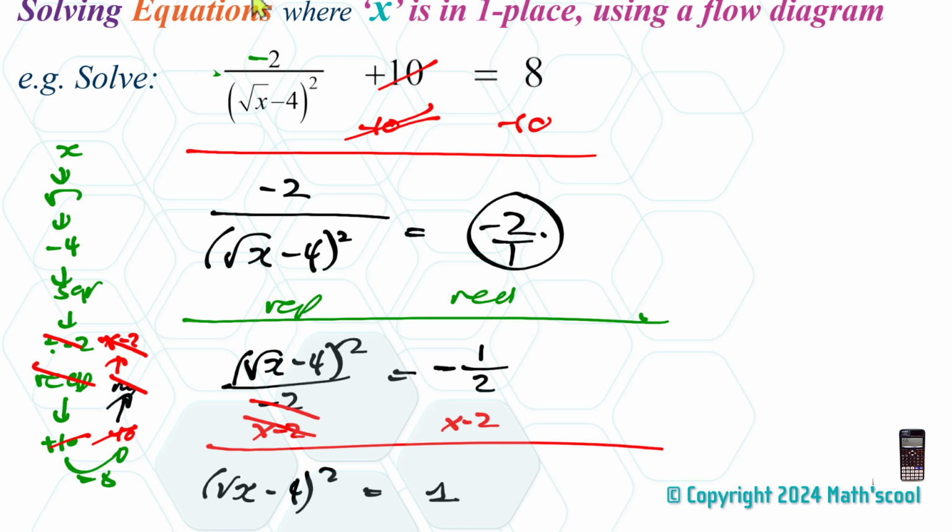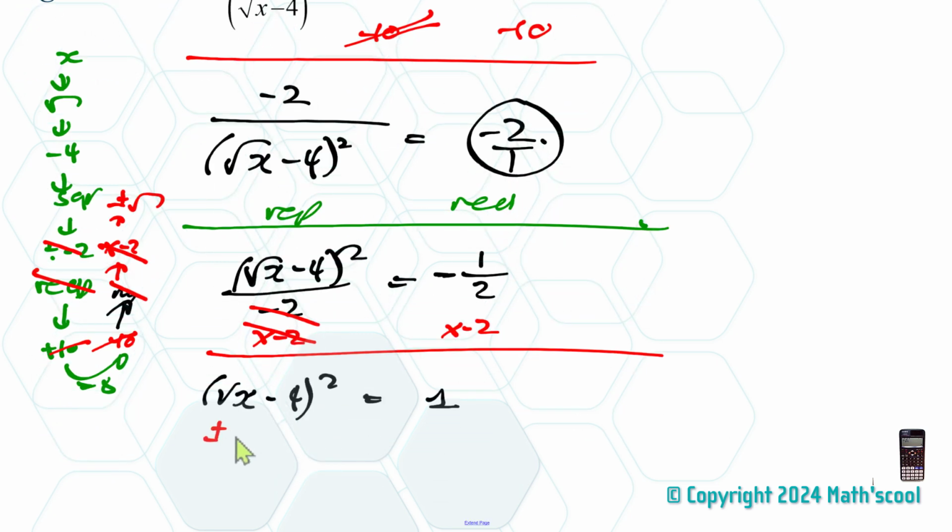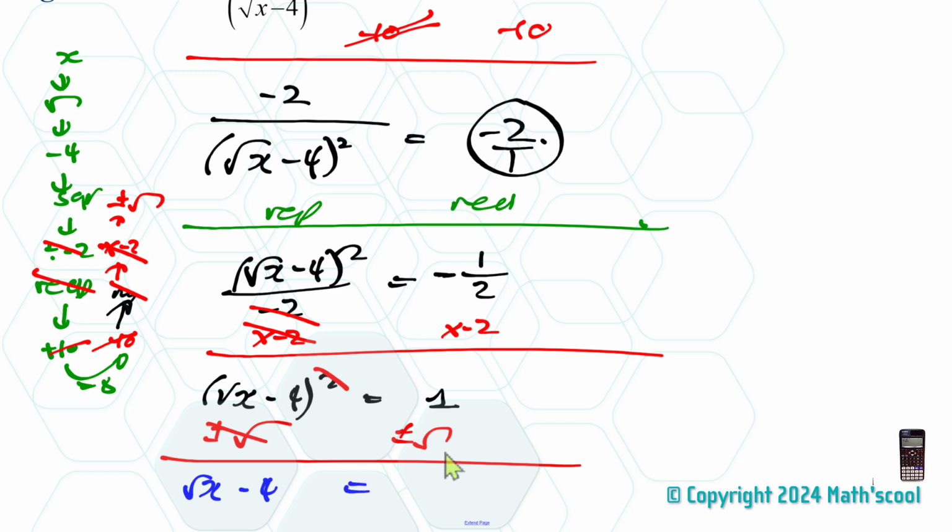Now I'm going to square root both sides. Opposite of square is actually plus or minus square root. And so that's going to give me root x minus 4 equals plus or minus root of 1. Root of 1 is 1, so 1 or minus 1.